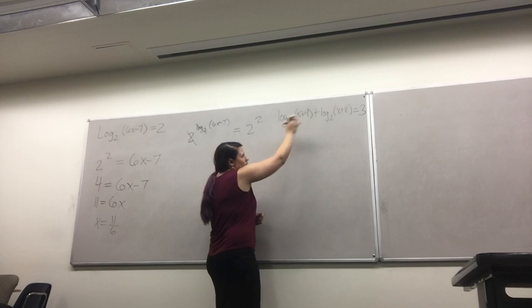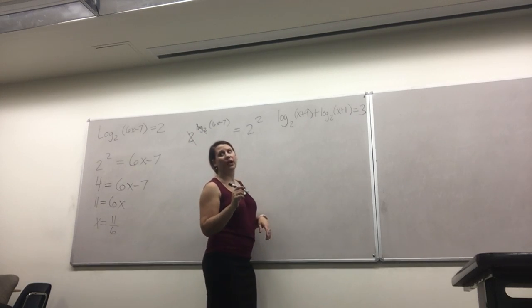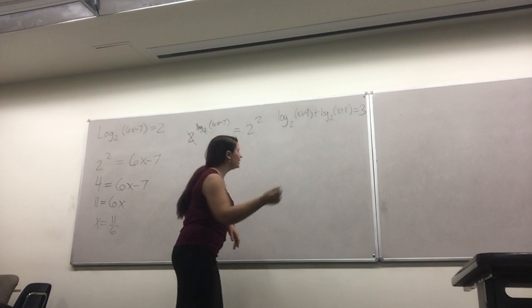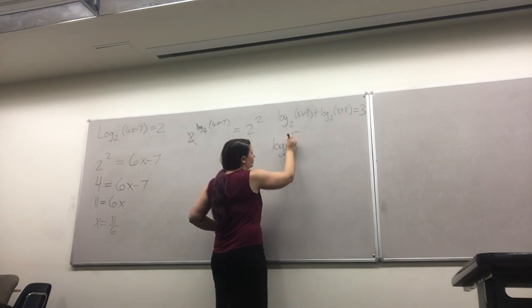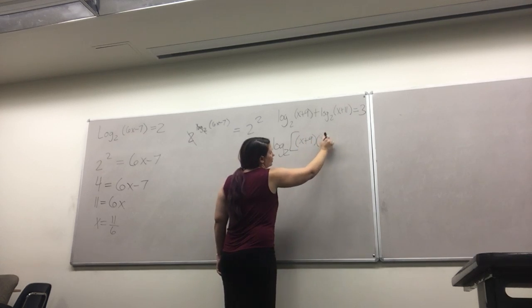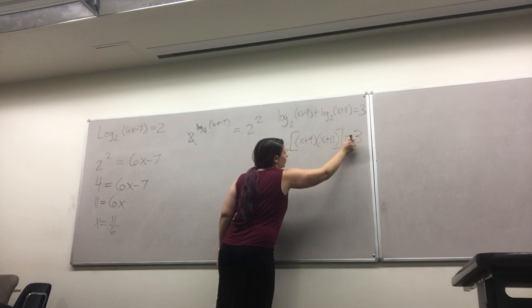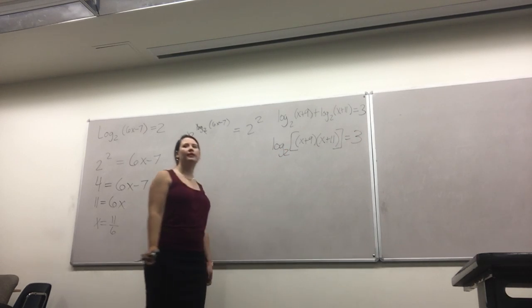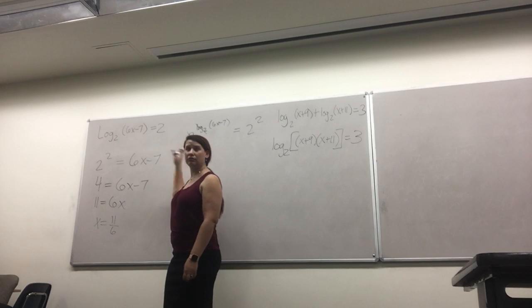So plus in the middle means we do what? Multiply what? The insides. Yep. So we have log base 2 of x plus 9 times x plus 11 equals 3. That side didn't change. Now we could do both methods, right?